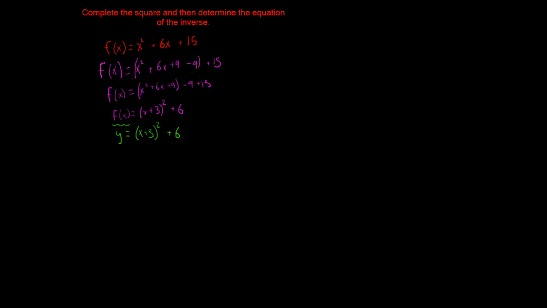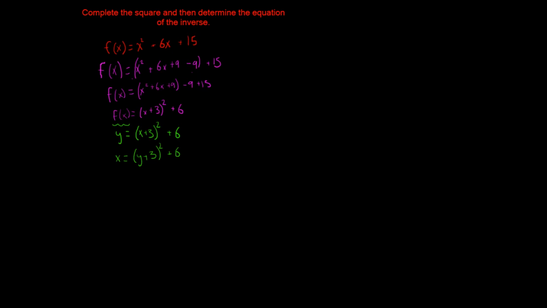So now that we're going to switch the y's and the x's, it's going to be x equals y plus 3 squared plus 6. And I think I said earlier that we're isolating for x. I meant that we're isolating for y, because y equals.